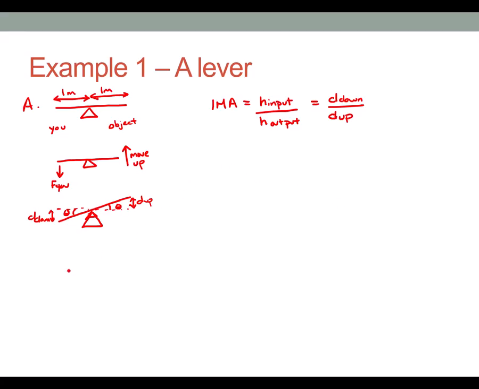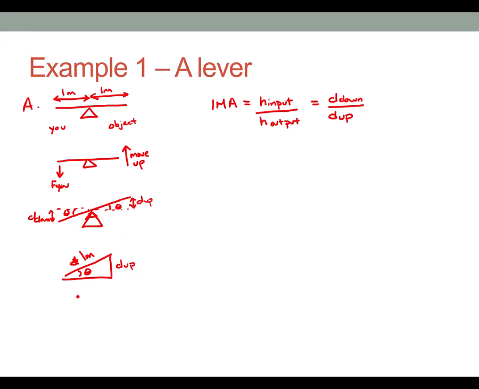Well, we have 2 triangles, and they're identical triangles. One's just oriented the other way than the other. This is theta. This side here is going to be our 1 meter. And this side here is going to be our distance upward. Okay.